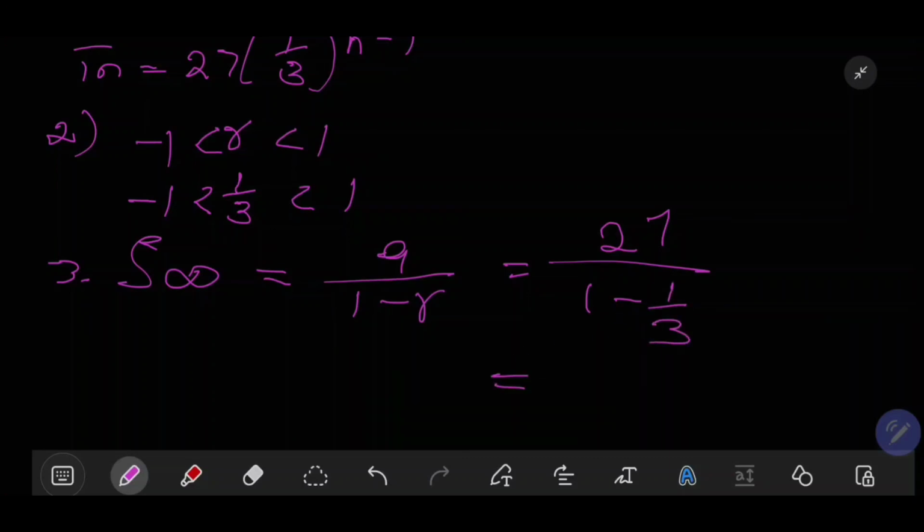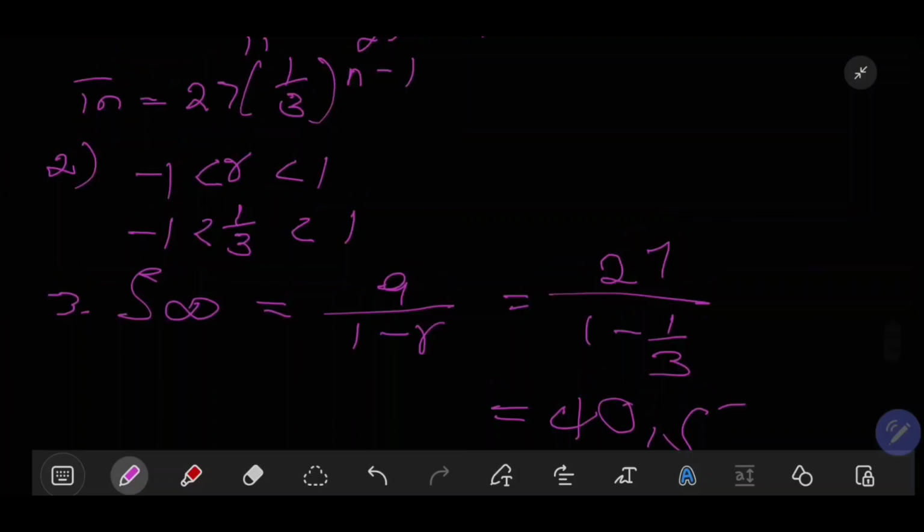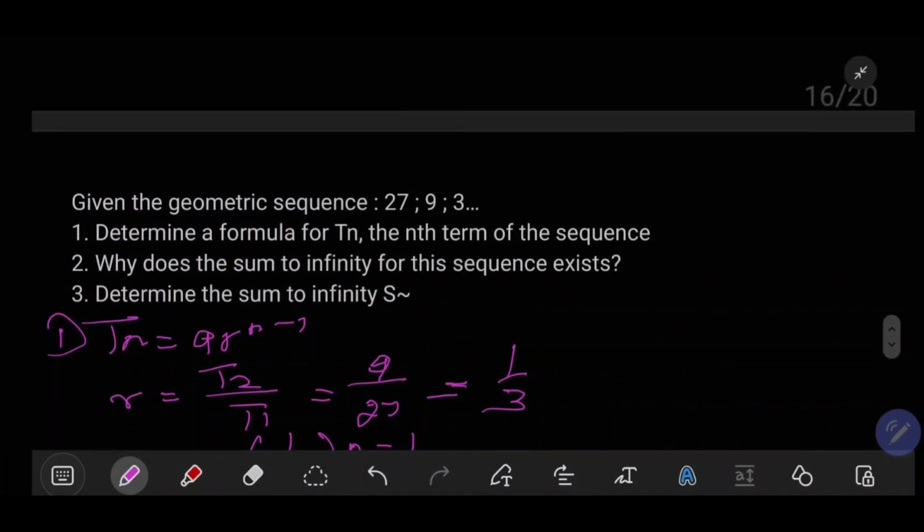When you punch this on your calculator, it will give you a value of 40.5. So this is the sum to infinity of this converging sequence.